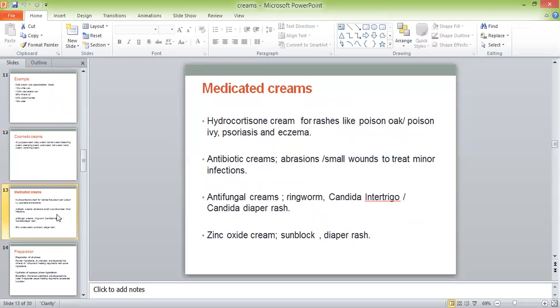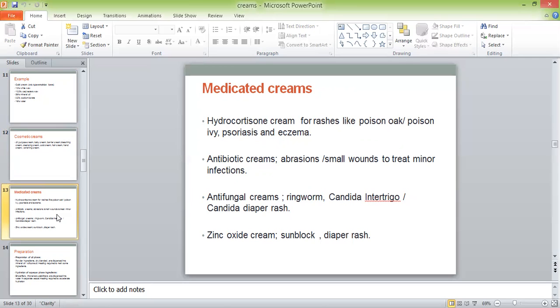Antibiotic creams are used for the treatment of small wounds or small abrasions, and for different minor infections. Small abrasions are caused when the skin is rubbed against a rough surface.